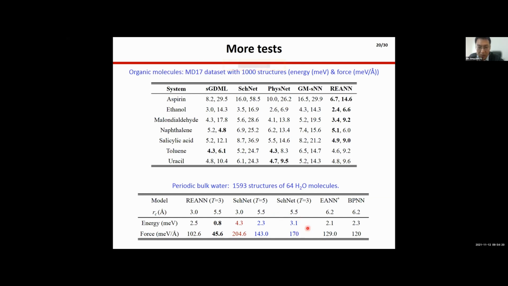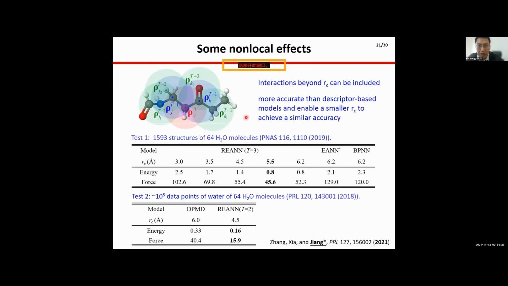So the errors of such kind of models are limited, and because we now have message passing, this message passing form actually incorporates some of the information beyond the local cutoff sphere to the atom center.